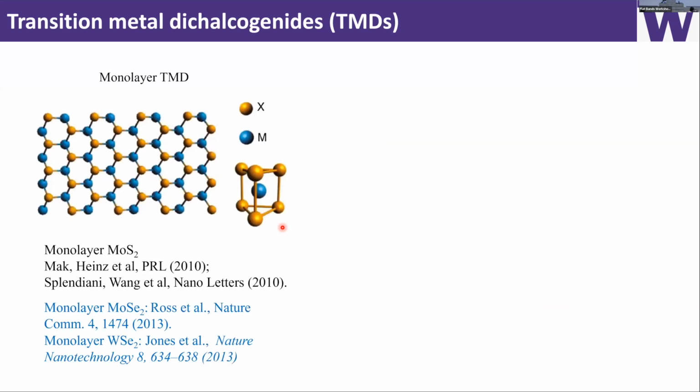So let's get started. The material system we work with is a transition metal dichalcogenide, MoTe2. If we look at the crystal structure of a monolayer TMD, it has a hexagonal lattice structure, and at each corner one is a chalcogen and the other is a metal, so the inversion symmetry is already broken in the monolayer TMDs.